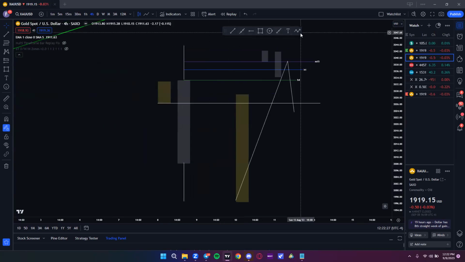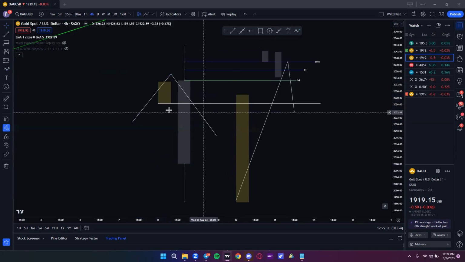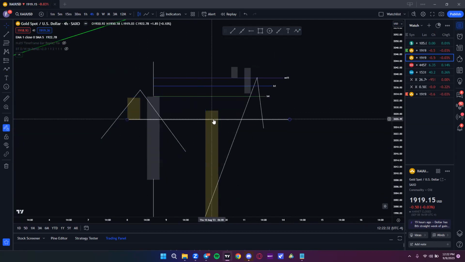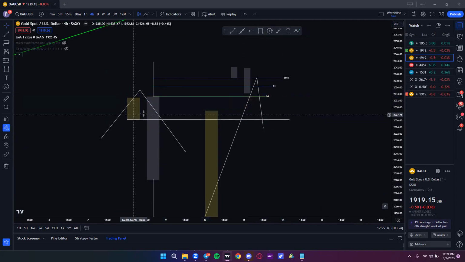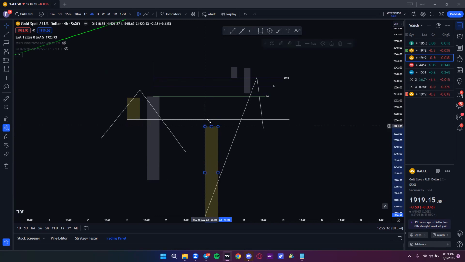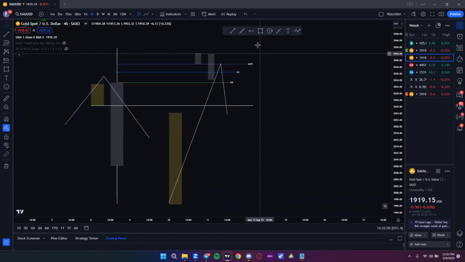No longer will we look at this as the classic SNR breakout. The break of this level here, this order block level, for example, or however you want to look at it, the decision level is what's going to give you a sign of continuation or rejection.